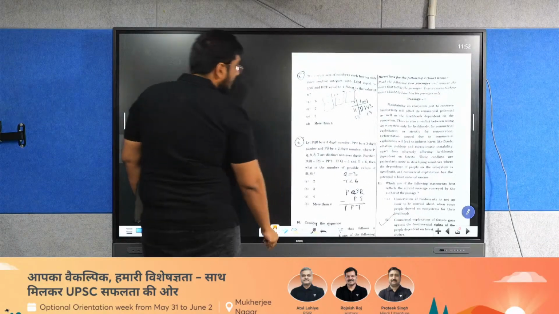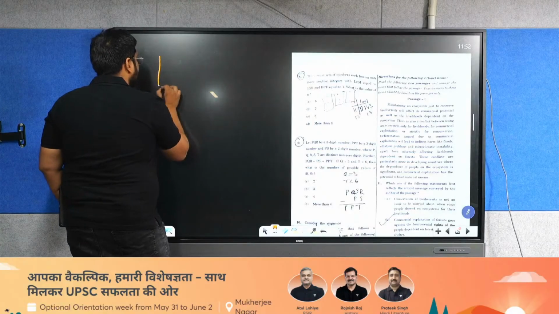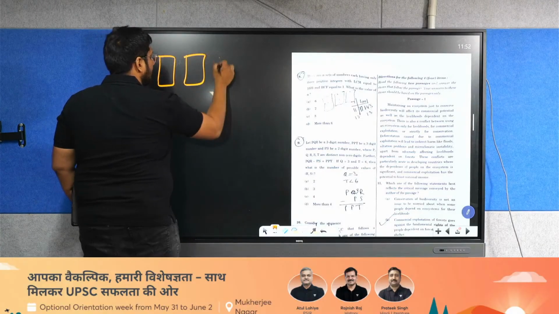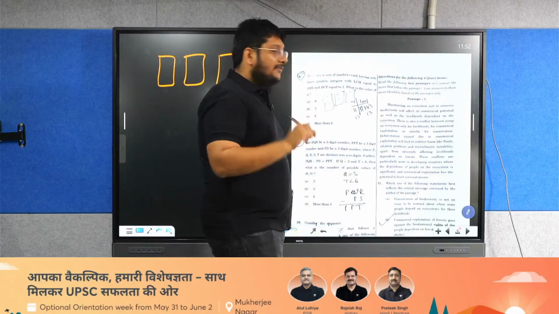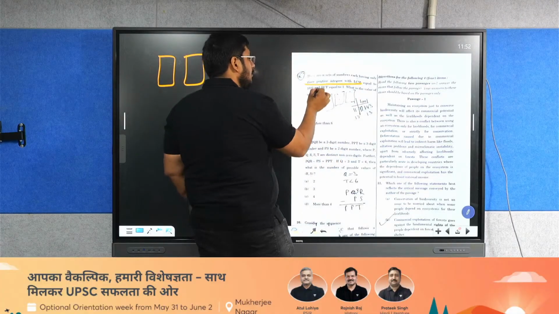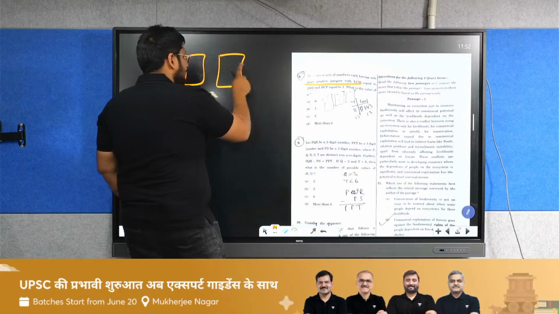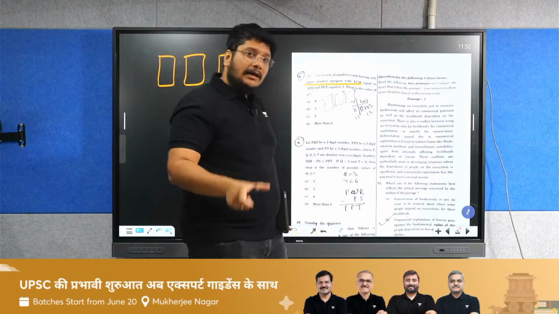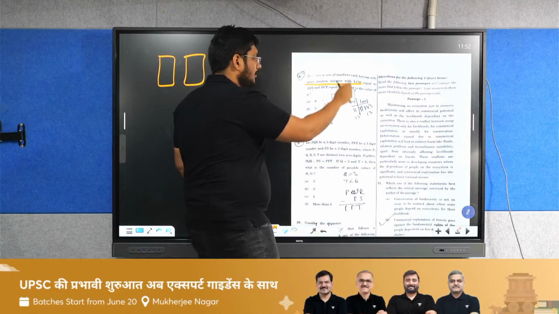It says there are n sets of numbers. This is one set, second set, third set, and we don't know how many sets there are. N sets of numbers such that each has only 3 positive integers with LCM equal to 1001. All are having only 3 numbers in each set, and the LCM of those numbers is 1001 and HCF is equal to 1.